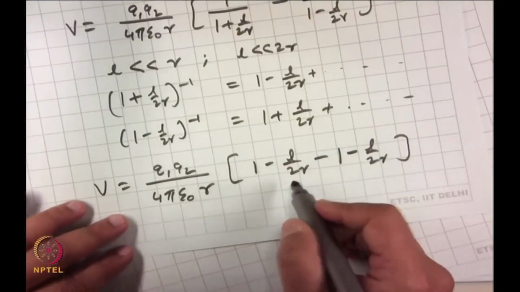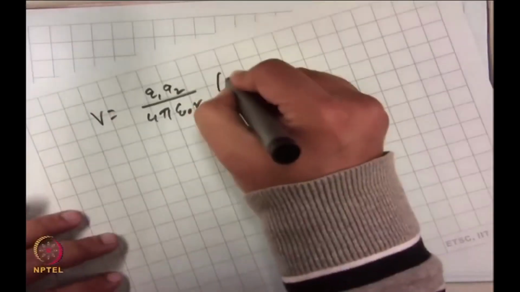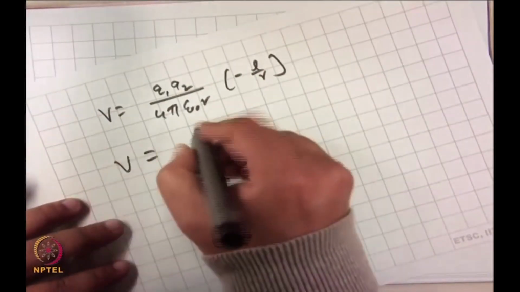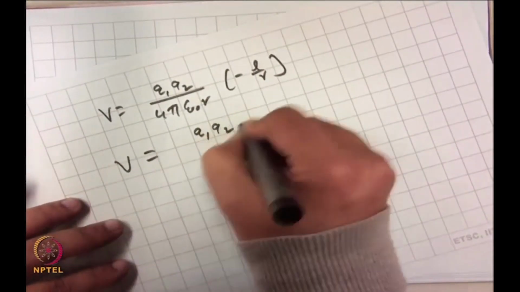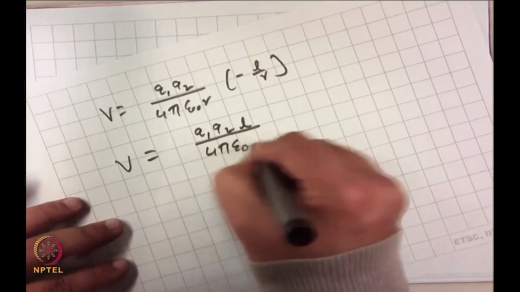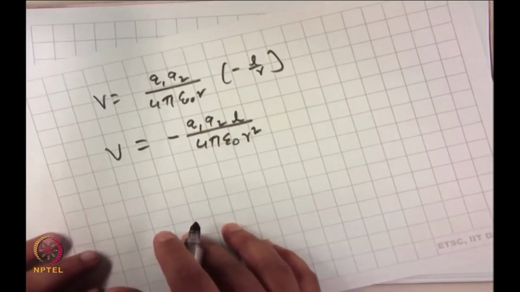So essentially minus L by R. So what I have out here is minus L by R, which now comes to be V equal to minus Q1 Q2 L over 4 pi epsilon 0 R squared, with a negative sign, okay.